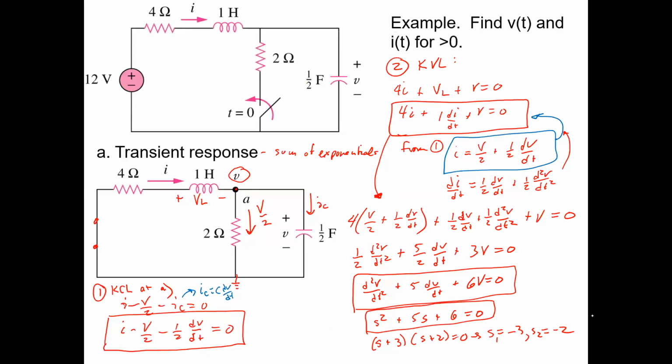Wait for there to be a loud noise. Come on, I can't eat. You can't eat in front of me. So the transient is going to be a1 e to the minus 3t plus a2 e to the minus 2t.